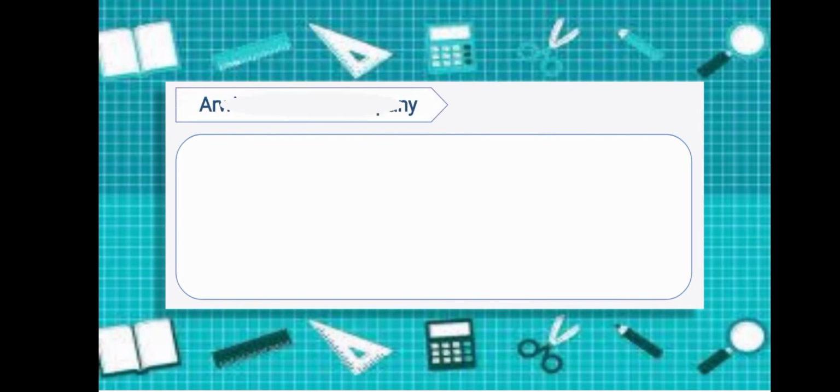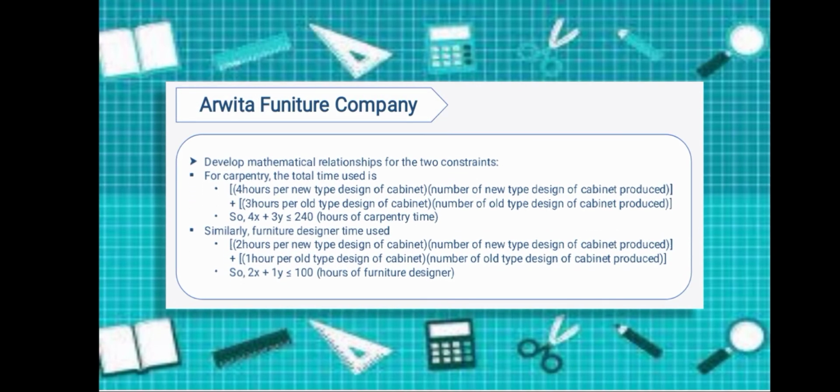So, for carpentry, the total time used is 4 hours per new type design of cabinet times the number of new type design of cabinet na i-produce plus 3 hours per old type design of cabinet times number of old type design of cabinet.